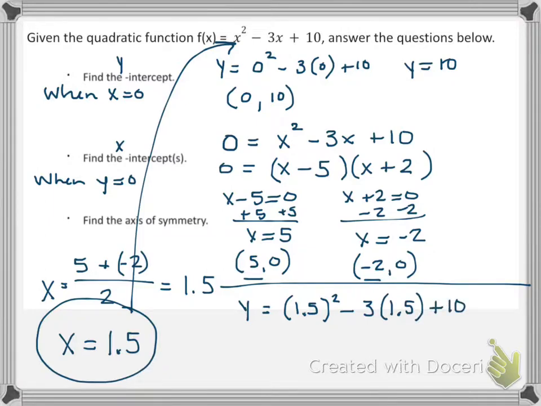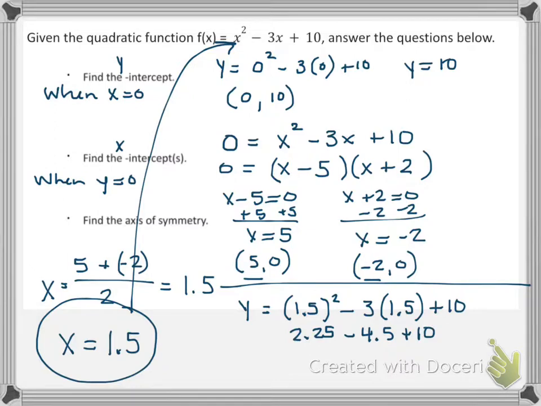So the first thing I need to know is 1.5 squared. That's a 2.25. And then a negative 3 times 1.5 is, 3 times 1.5 is 4.5, and it's negative, so it's a negative 4.5. And then that plus 10 is on there.